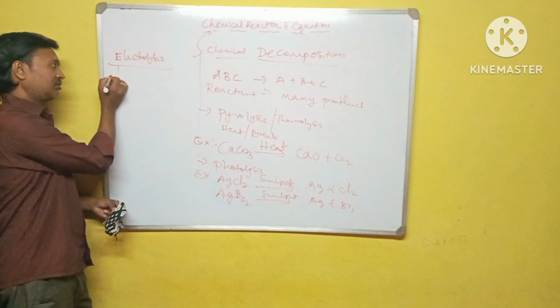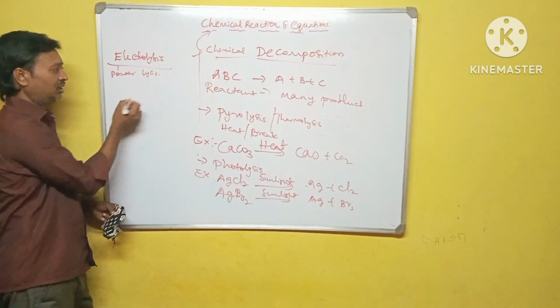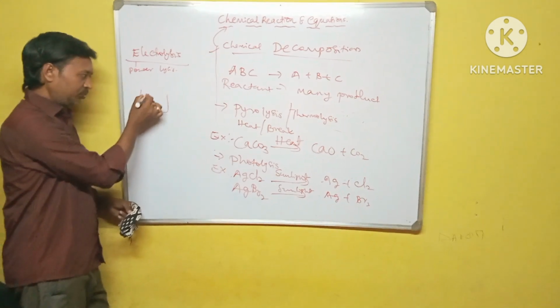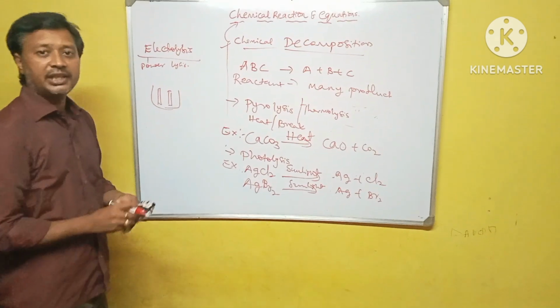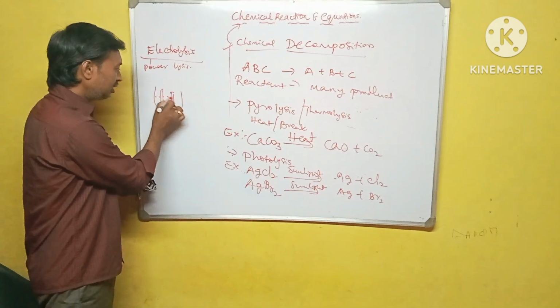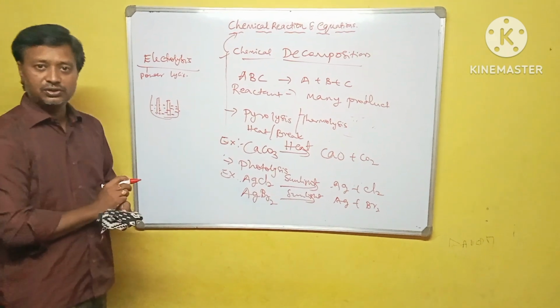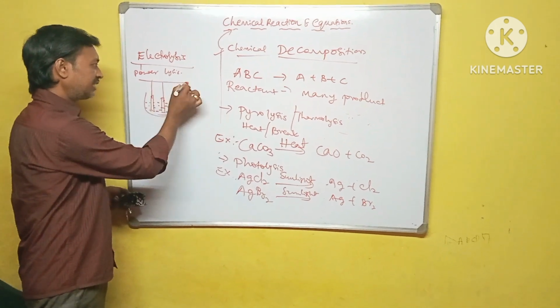Next one is electrolysis. Electro means power. Lysis means break. Take water in a tumbler and introduce carbon rods as electrodes and connect them to the source of electricity.